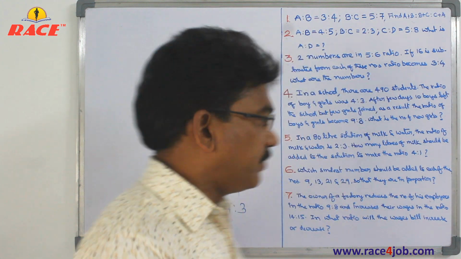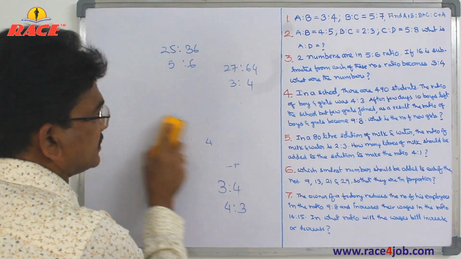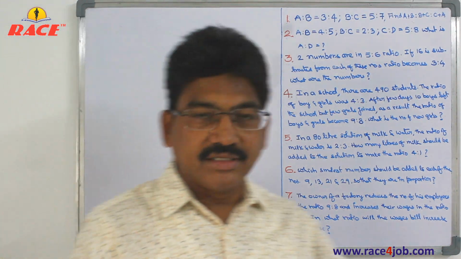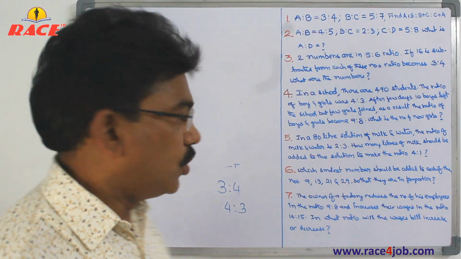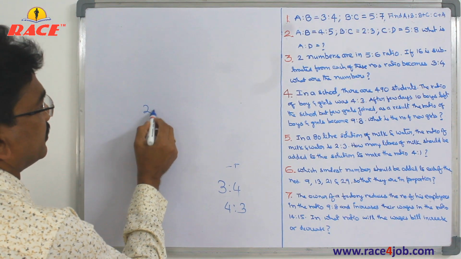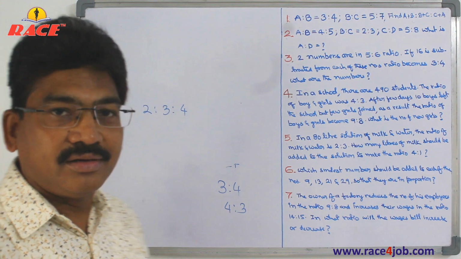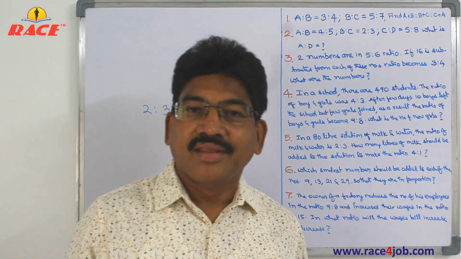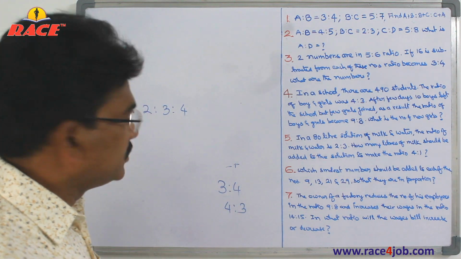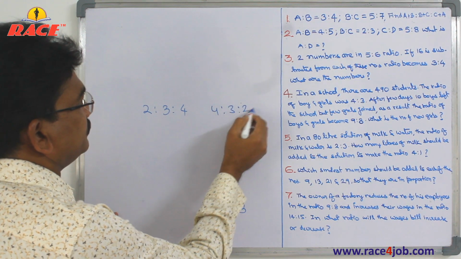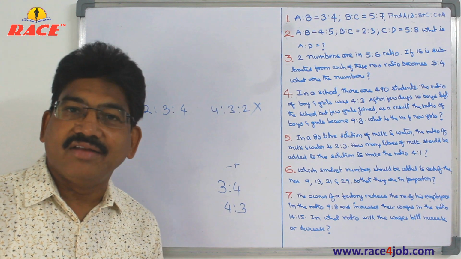You must be thinking that we have simply changed the terms, the first has become second and the second has become first. If it is 2:3:4, then what is the inverse ratio? Whatever you are thinking is wrong. You must be thinking that this may be 4:3:2. Wrong. It is not the inverse ratio.